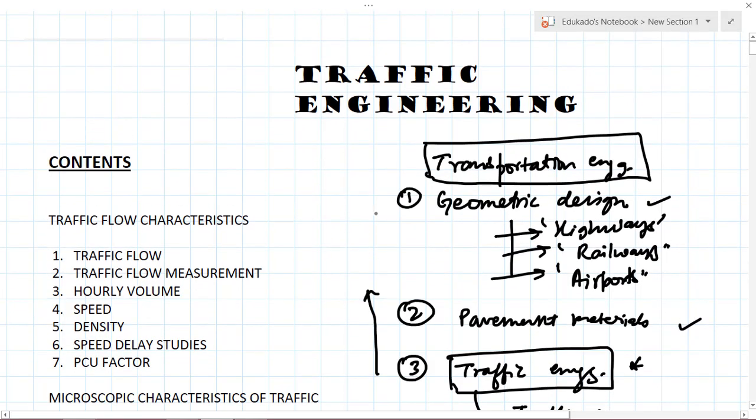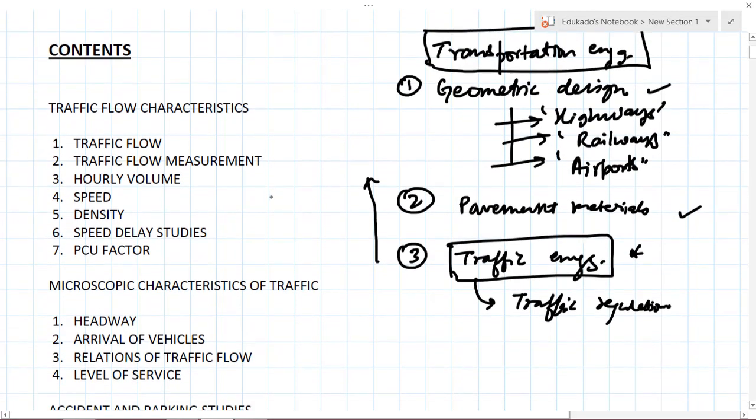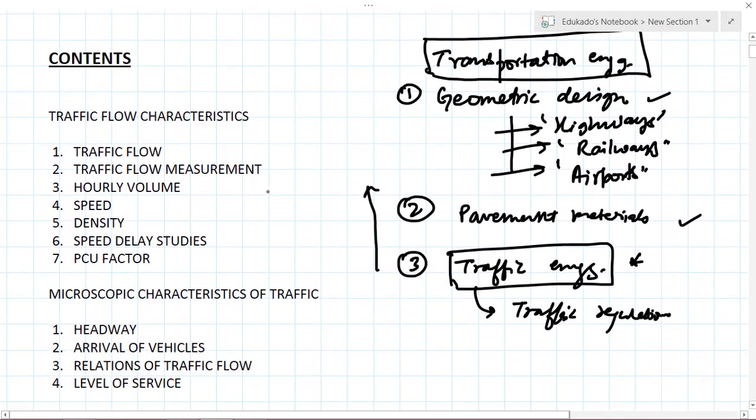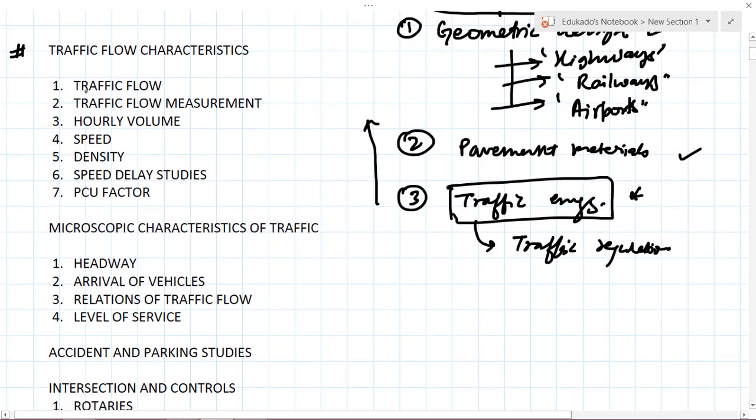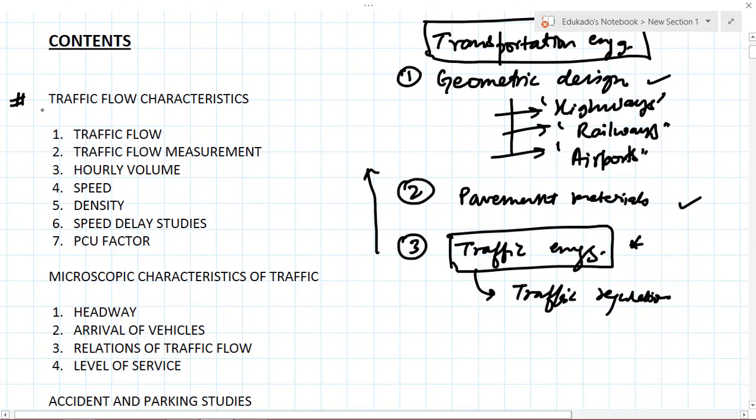So right now I'm telling you that we are going to start with traffic engineering. The contents of this traffic engineering are given here. I have divided it into subsections. The first is traffic flow characteristics.